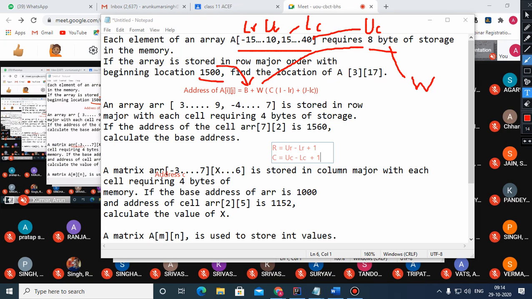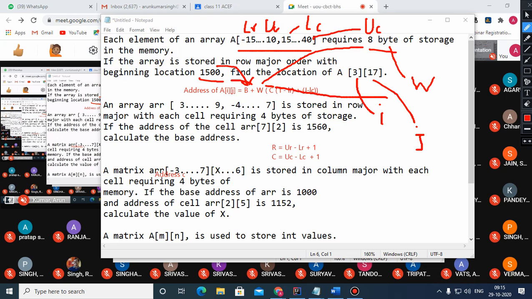Now further, if you see this question, it is written: find the location of A of 3 of 17. So what is 3? This 3 is the row subscript of the required element, which is I, and this 17 is the column subscript of the required element, which is J. So children, here first of all I am telling you row measure.